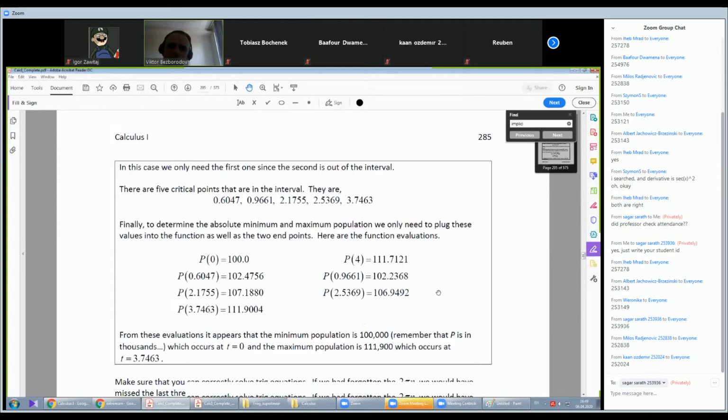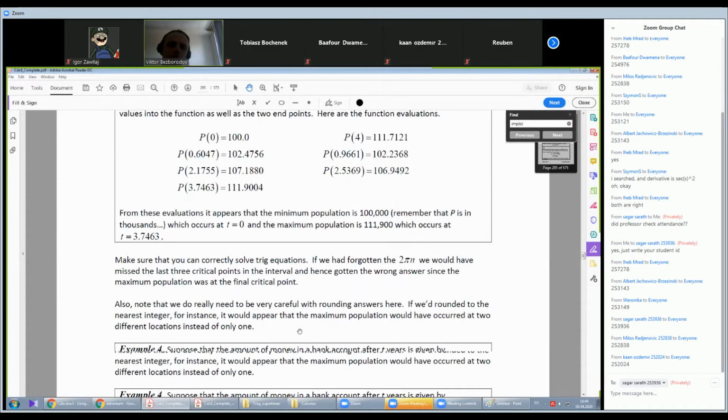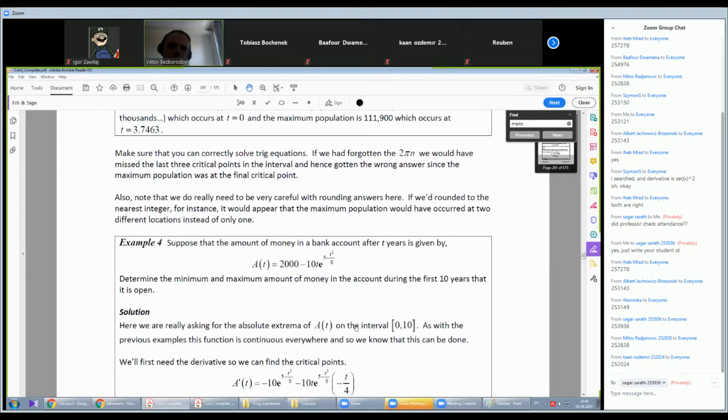Then you find the maximum and the minimum here. So the minimum is 100, and the maximum is going to be this one, right? And yeah, this is how you do it.